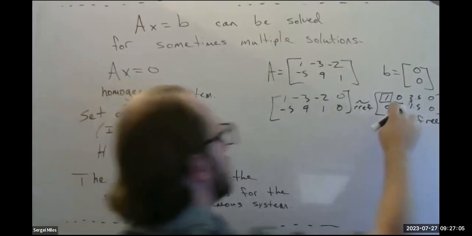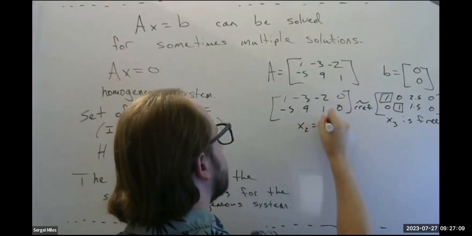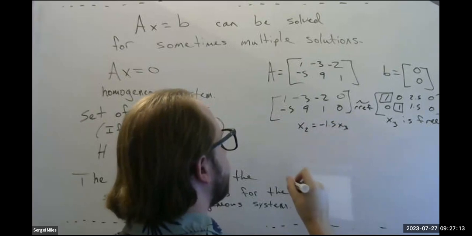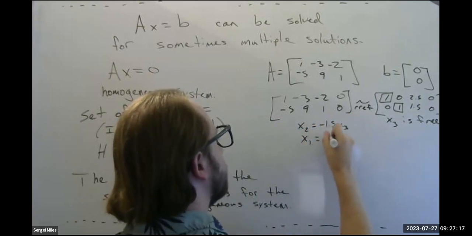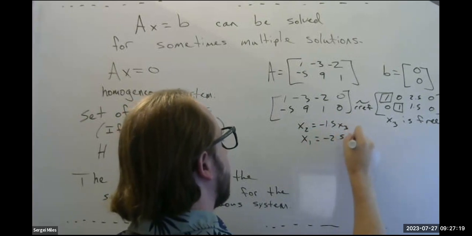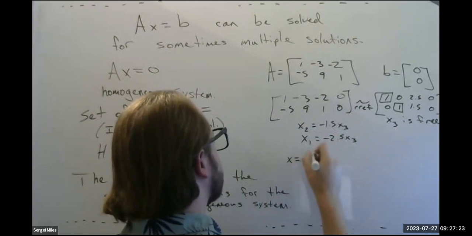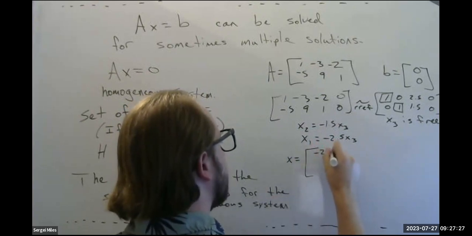So first of all, what's my x2? x2 equals -1.5 x3. All right, what about x1? x1 equals -2.5 x3. Great. So my vector x, the set of all possible solutions, looks like this.